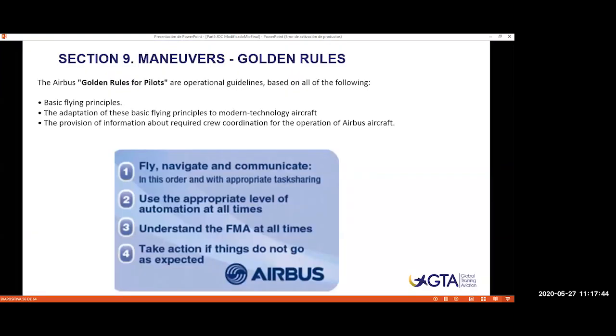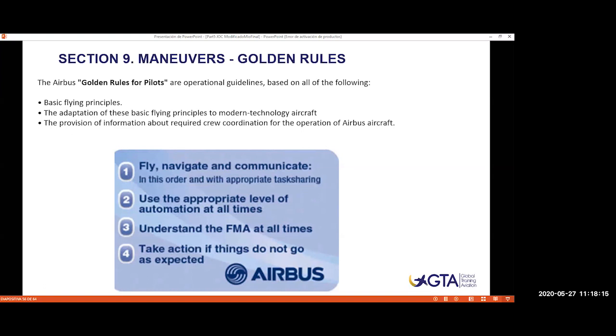What are the golden rules for Airbus? Airbus was the one who designed these, but not only for Airbus, designed for everybody, because these are rules for pilots. There are golden rules, which are operational guidelines. They are guidelines on how we operate this aircraft, because this aircraft has many automatisms.